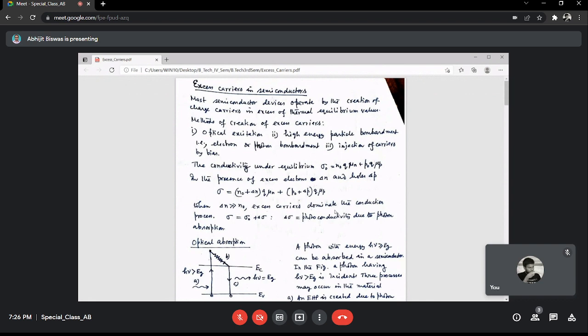Otherwise, all radiation will pass through the semiconductor. That means in such a case, the semiconductor will behave as a transparent material when it is exposed to radiation. So the condition is that when h nu, the amount of energy of each photon, is greater than or equal to the band gap of the material, the semiconducting material will absorb its energy.